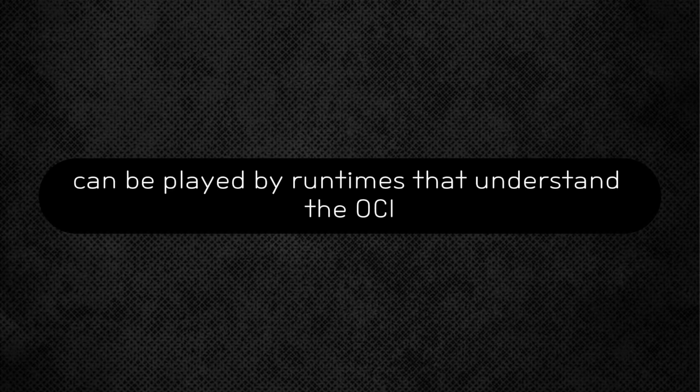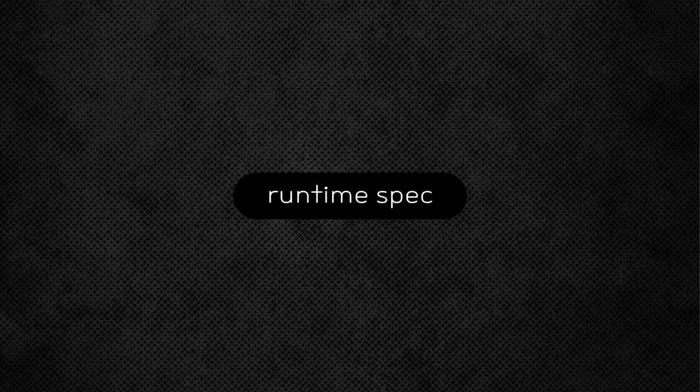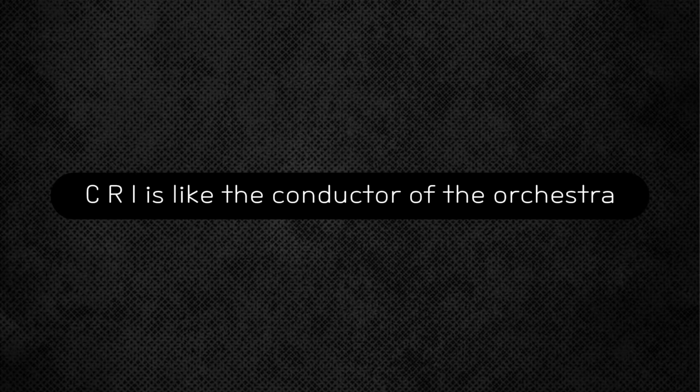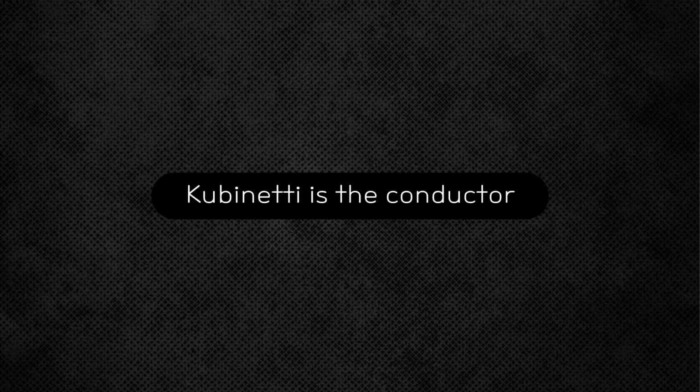Exactly. Images built to the OCI spec, standard guitars, can be played by runtimes that understand the OCI runtime spec, standard amplifiers like runc, used by containerd, CRI-O, etc. Got it. What about CRI then? CRI is like the conductor of the orchestra. Kubernetes is the conductor.